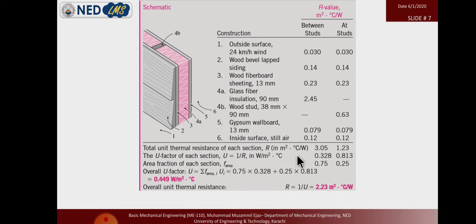Now the U factor will be inverse of resistance, so 1 over R will be 0.328 and 0.813. Now area fraction, as told in the numerical, is 75% area covered by the glass fiber and 25% by the stud.